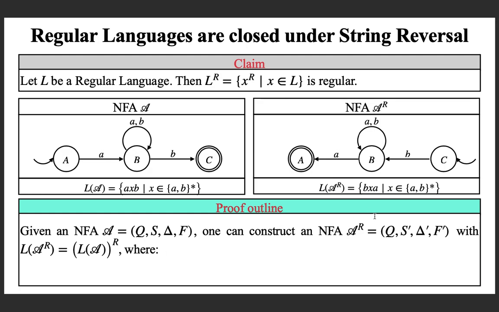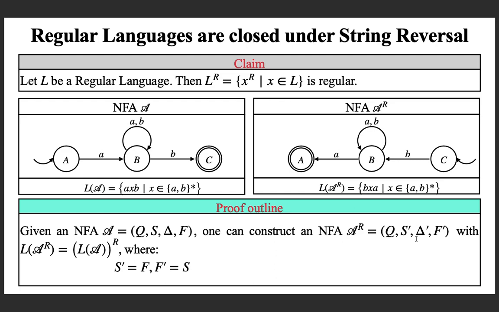Now, we have to say what is S prime, what is delta prime and what is F prime. S prime is F, that is the set of all final states in the given NFA is going to become the set of all start states of the constructed NFA. Similarly, the set of all start states of the given NFA is going to become the set of all final states of the constructed NFA.